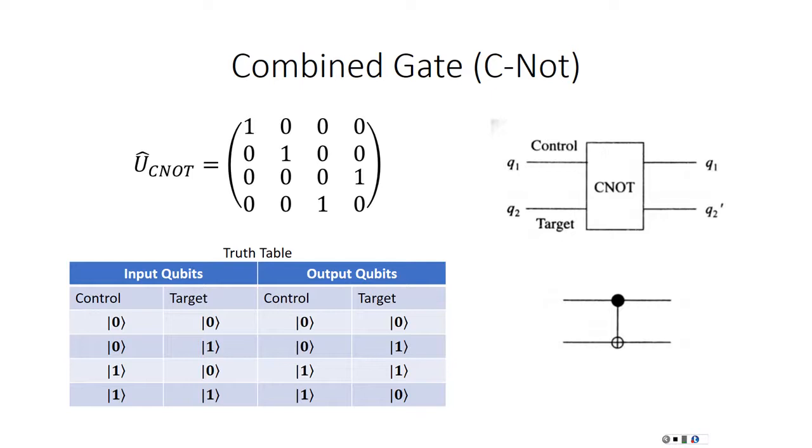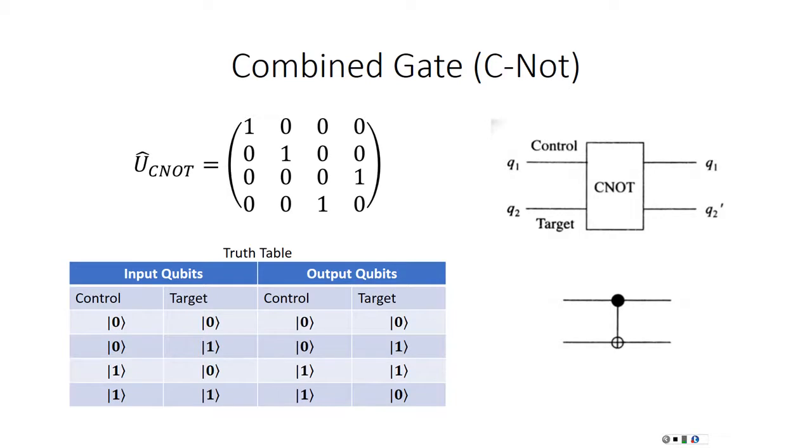Then there's the combined gate, the CNOT gate, which I don't exactly know how, but apparently with this gate and like 3 other gates, those are the primary things that you need to start making different things. These are the basis of what you need to build up for a quantum computer. So here's the CNOT operator function, and what it does is it has a control and a target.